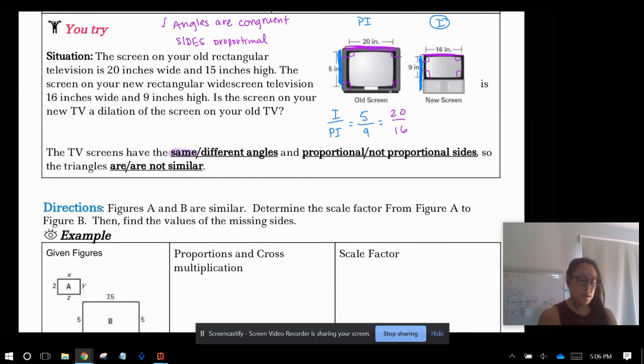I'm just going to type these into my calculator to get a decimal. So 5 divided by 9 is 0.5 bar, it goes on forever. And 20 over 16 would be 1.25. Are these scale factors the same? No. So the sides are not proportional, so the figures are not similar. I put in triangles, that should be TV screens. Okay, next up.